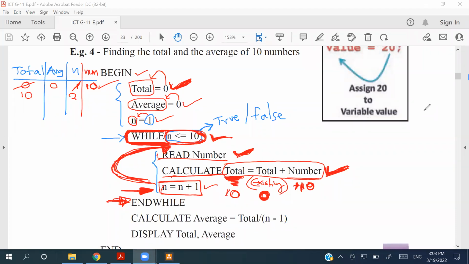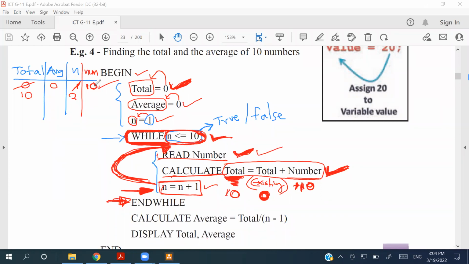Right, so now the value of n is 2. How about the condition? Is it true or false? So we went to the last line of the while, then we came up and are checking the condition now. Is it true or false? Yes, that is true.